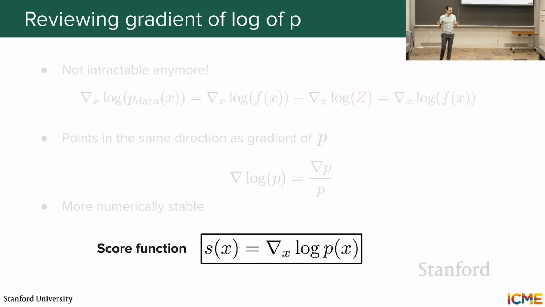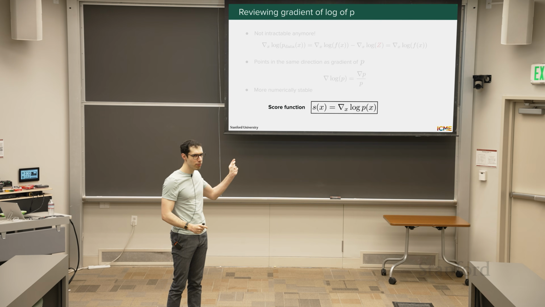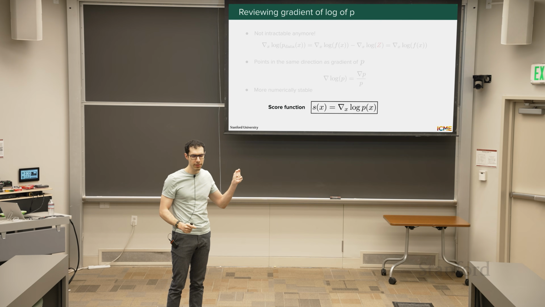So for all of these reasons, a possible strategy for you to go from one point in space towards region of higher densities with respect to the probability density function can be to follow the direction given by gradient of log of p, which we call the score.